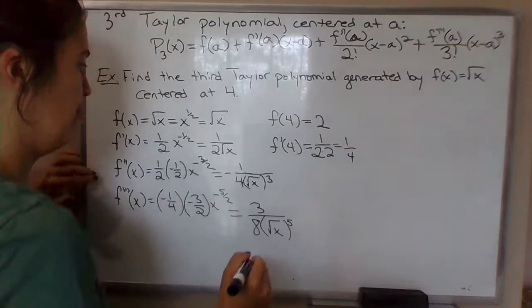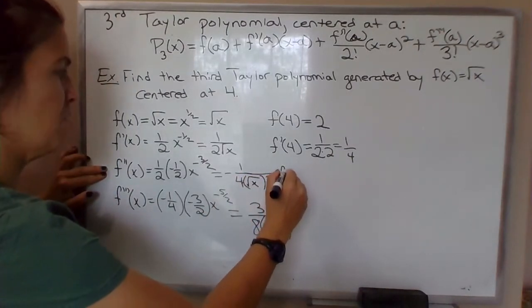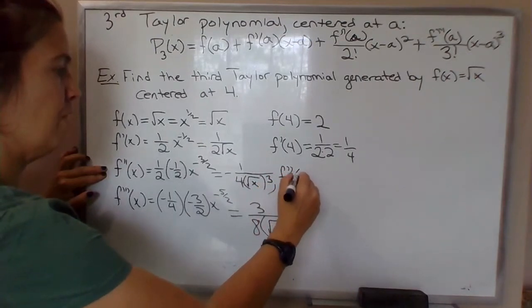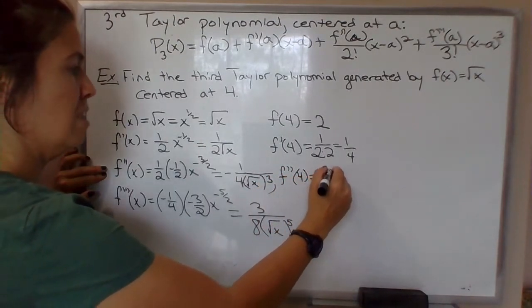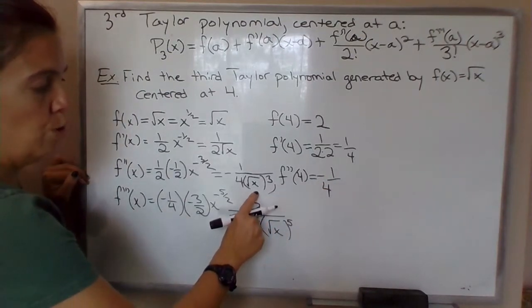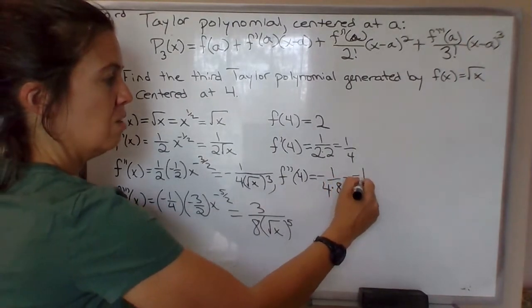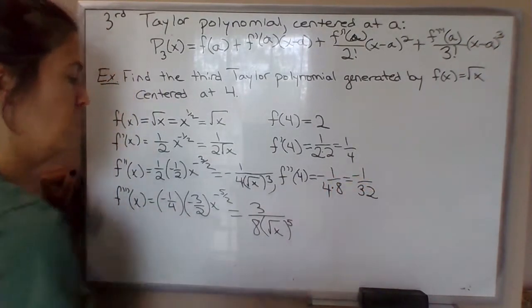Second derivative evaluated at the center would be negative 1 over 4 times, square root of 4 is 2, raised to the third would be 8. So negative 1 over 32.